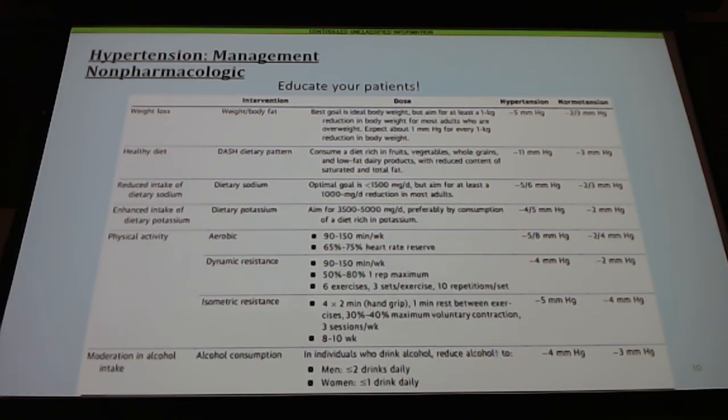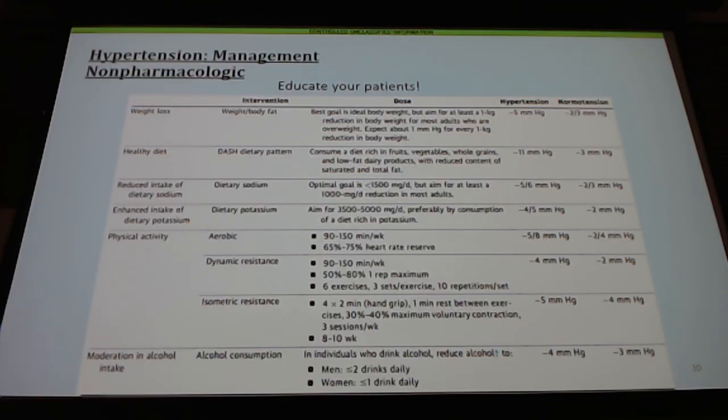In hypertension management, there is clear evidence that lifestyle changes can have an even more profound impact on lowering your blood pressure than medications can. So even if you do prescribe medications, it is important for patients to make lifestyle changes as well. This can mean, one, better control of their blood pressure.